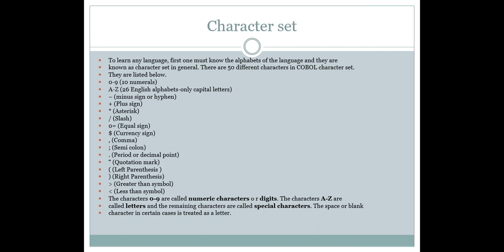All these characters together are called the character set. The characters 0 to 9 are called numeric characters or digits. The characters capital A to capital Z are called letters, and the remaining characters are called special characters. The space or blank character in certain cases is treated as a letter. These are the various characters that we can include in our COBOL program.